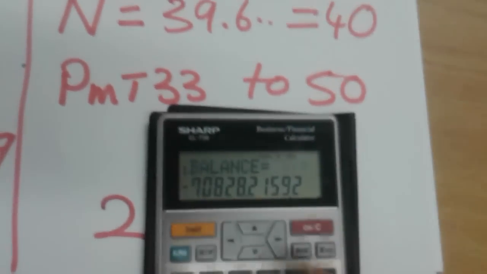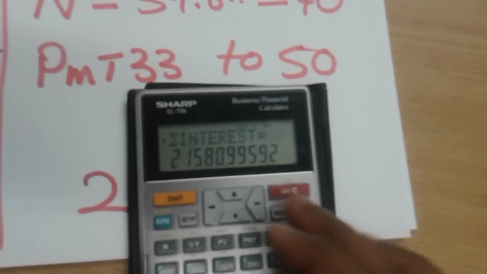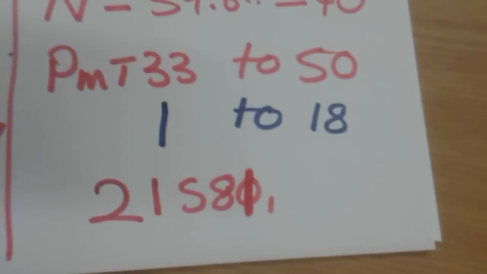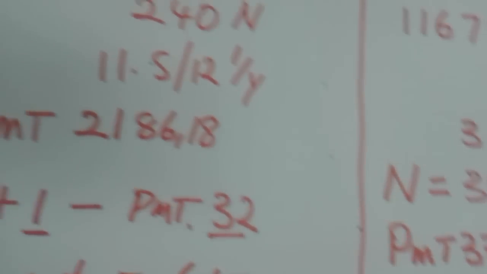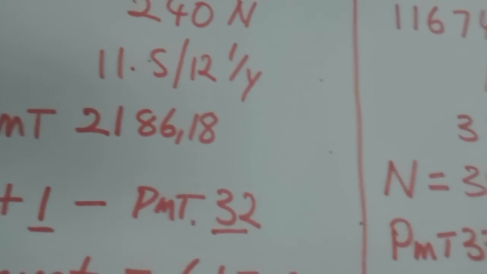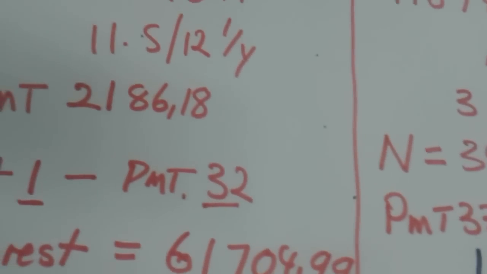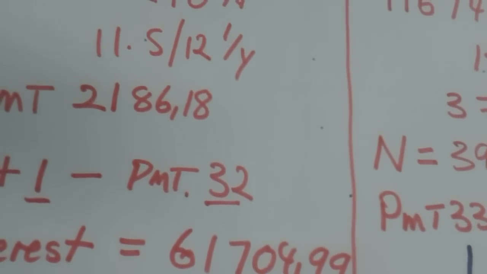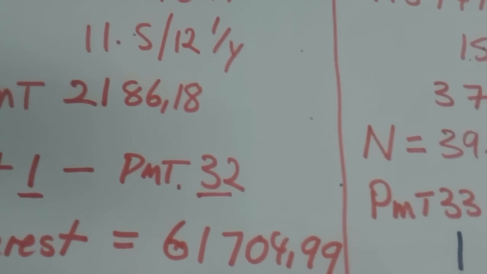You go down, it gives you the balance. Down, it gives you the principal, and again down, it gives you the interest. 21,581. There we go. But remember, in the question, they want from 1 to 50. So what do we do? We simply add the two. So it's now 61,704.99, right?